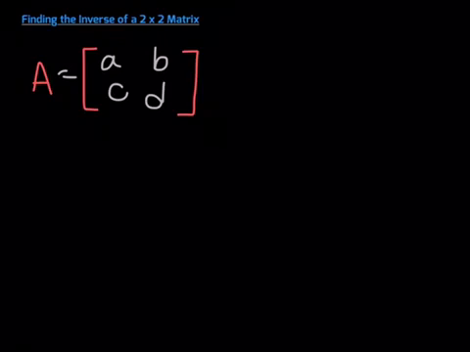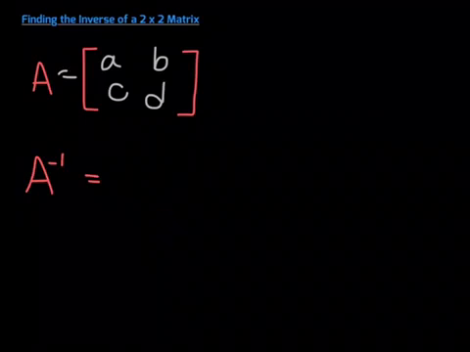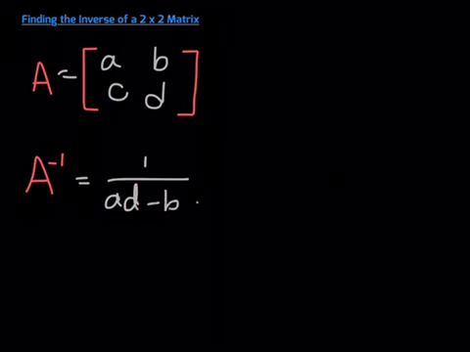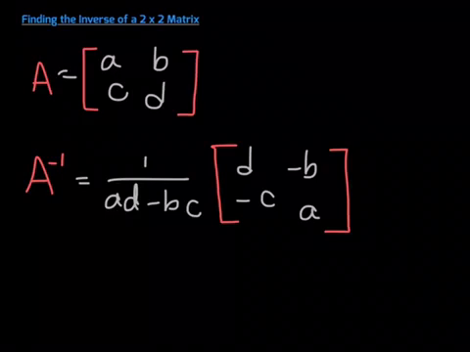If matrix A is equal to this 2 by 2 matrix, which is a, b, and c, d, then A inverse, okay, will be equal to 1 over ad minus bc times the 2 by 2 matrix with these entries.